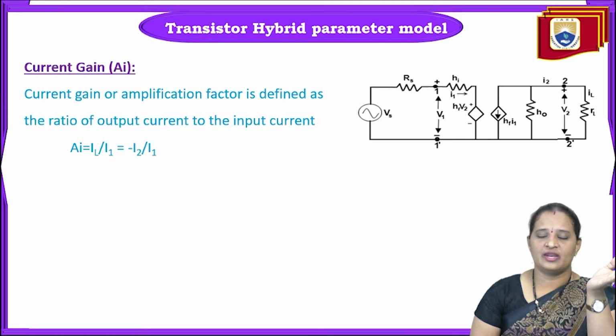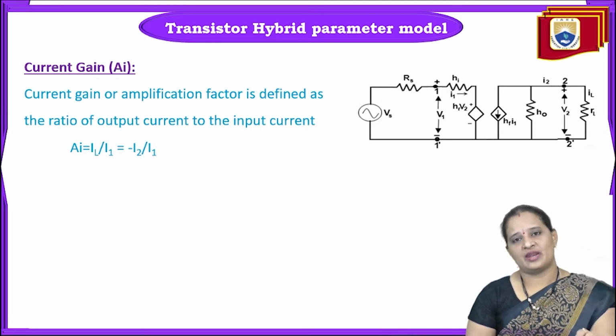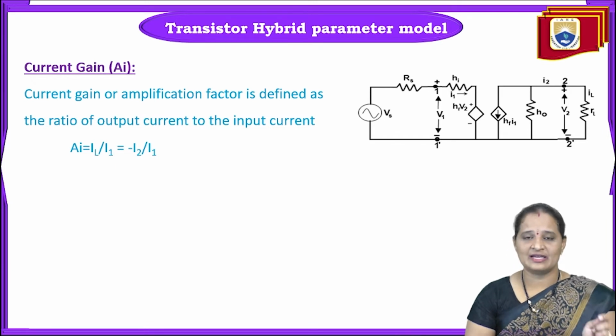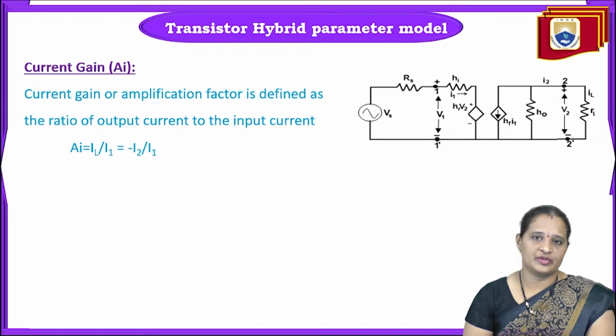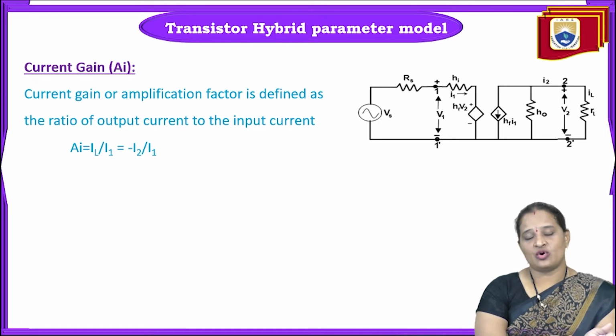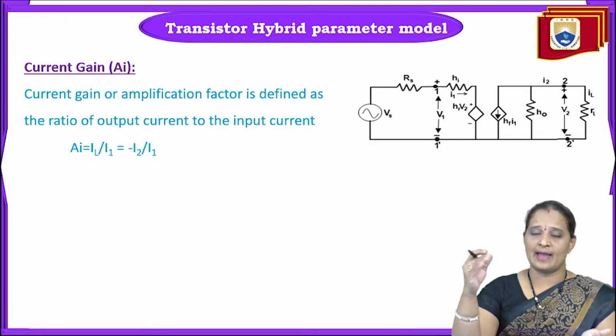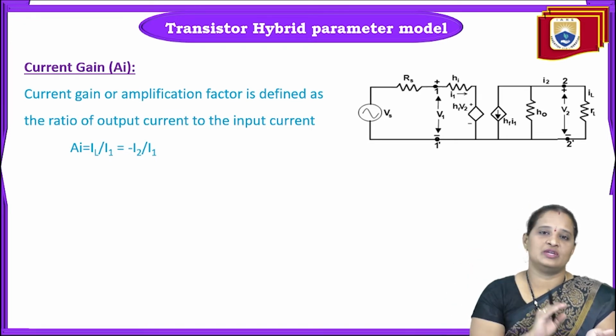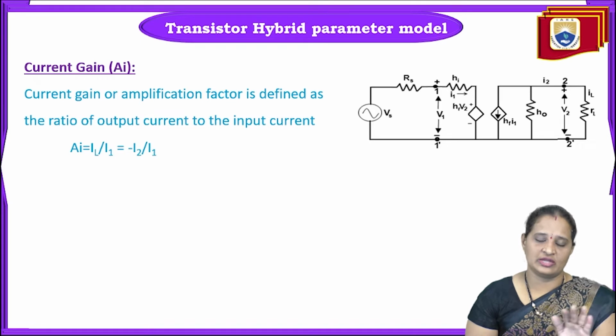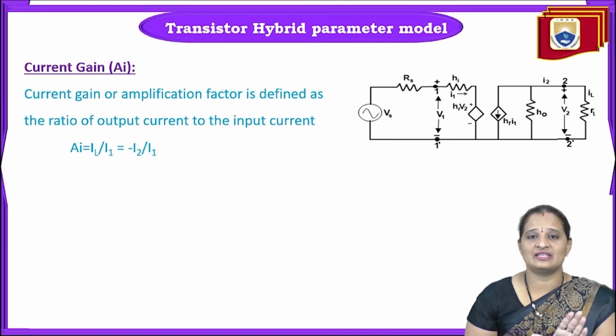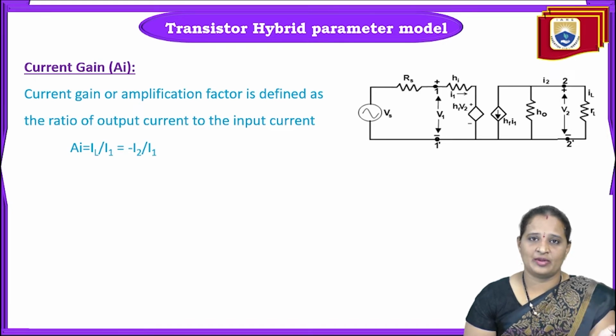I just want to derive all the characteristic parameters for a generalized transistor amplifier using the H parameter model. The formulas I derive now will be applicable for any of the three configurations, which is why I specifically mention the generalized analysis of a transistor amplifier using the H parameter model.